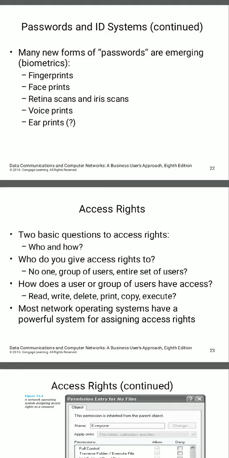And actually there are some systems, even some mobile phones, where the lock screen requires both fingerprints, or both, let's say, face prints, or maybe both retina scans and fingerprints to make the data more secure.